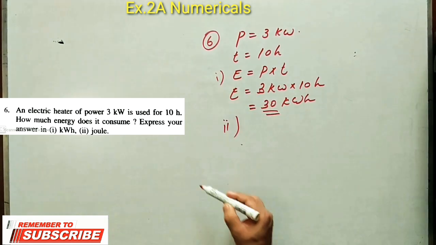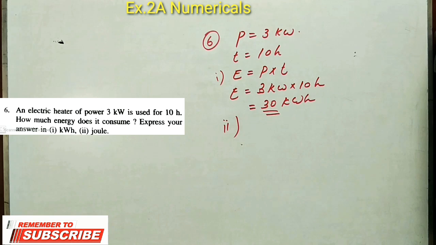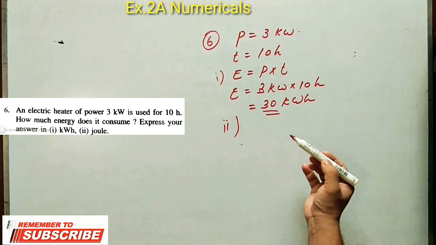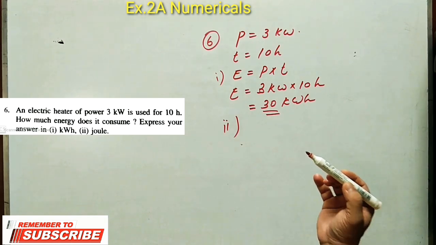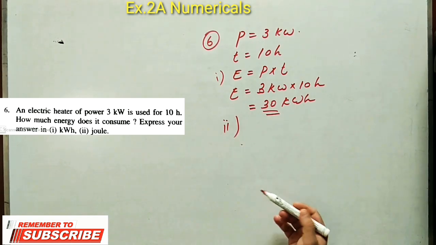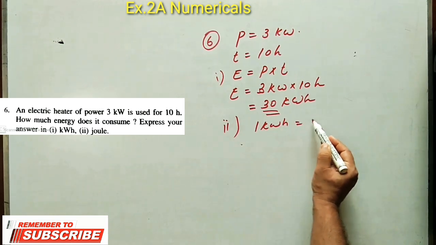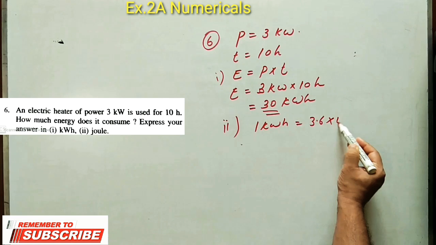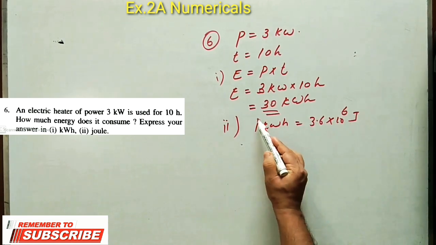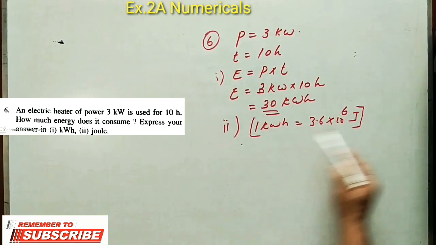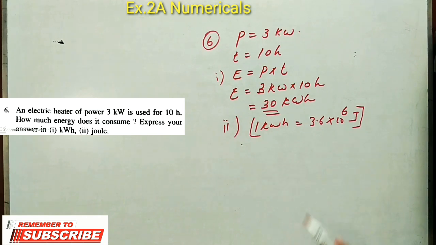The second part, we have to express the same amount of energy in joule. So the relation between joule and kilowatt hour: 1 kilowatt hour is equal to 3.6 into 10 to the power 6 joule. So this relation all of you must remember. 1 kilowatt hour is equal to 3.6 megajoule.